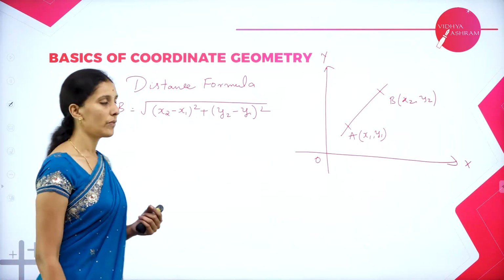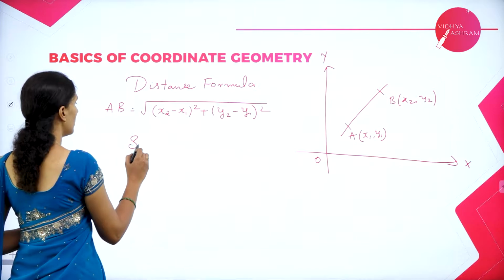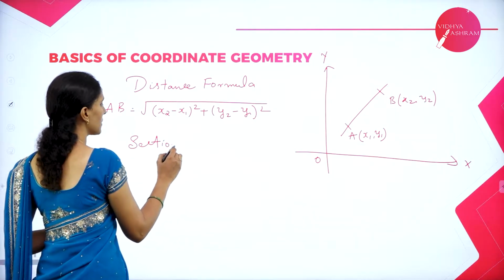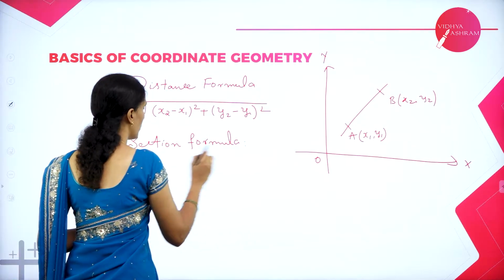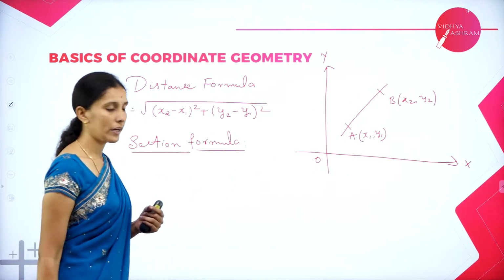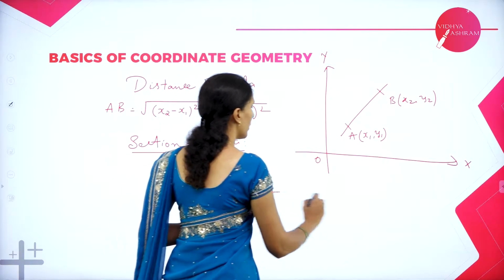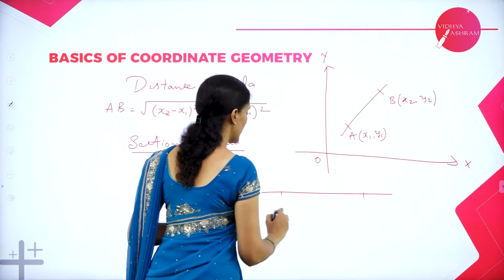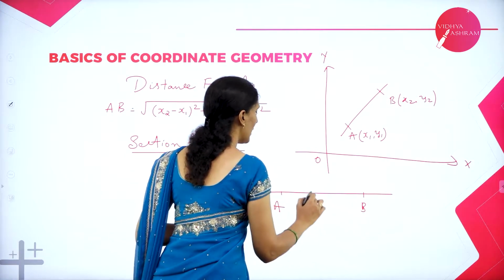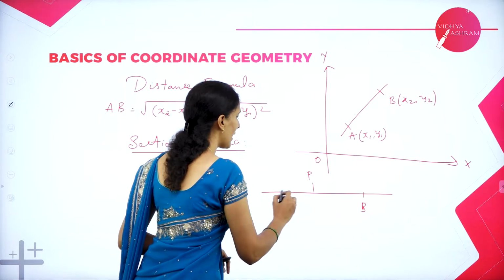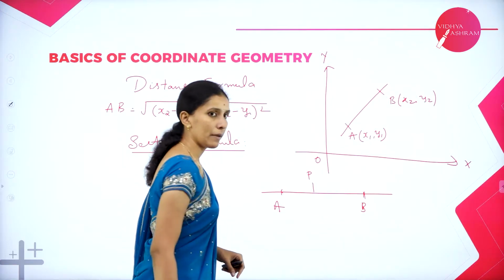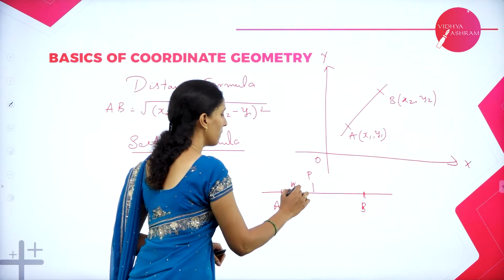Along with this, we have learnt the section formula. A section formula gives the coordinates of a point which divides the given line. So how to calculate those coordinates? Suppose we have 2 points A and B, and let me take some point P which is dividing this line AB in the ratio m:n.